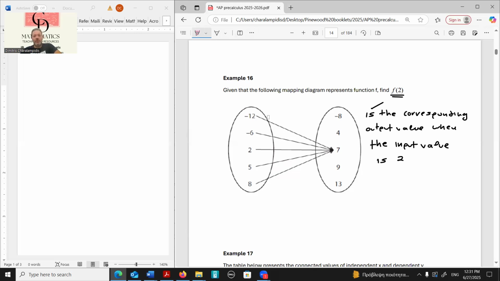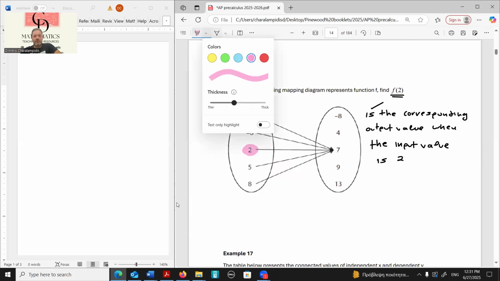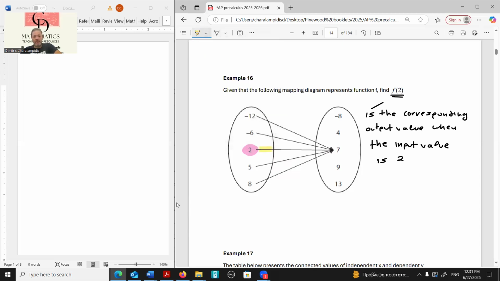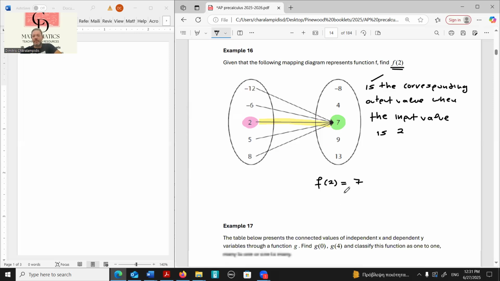From here, we do see that when the input value is 2, through this mapping diagram, we relate to number 7. So f of 2 would be 7.